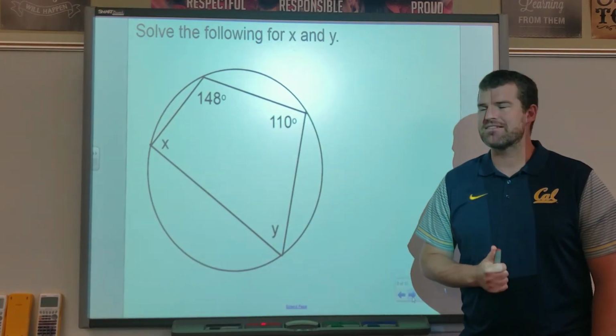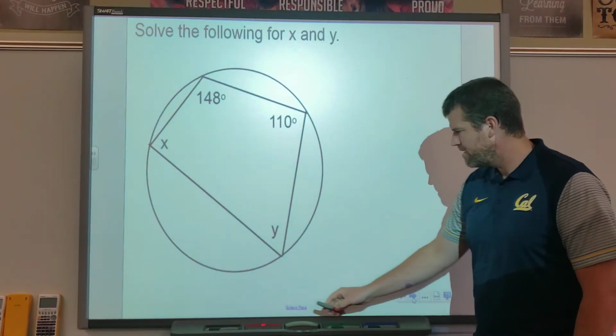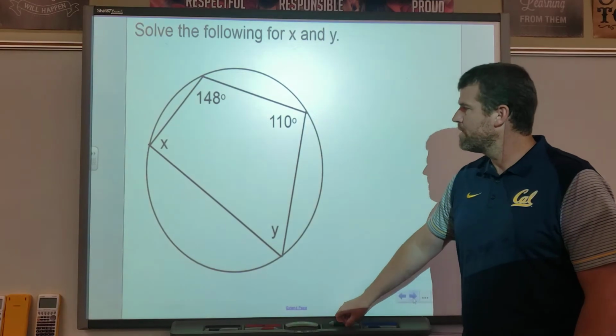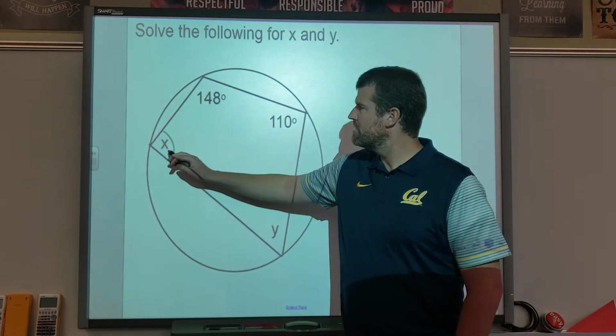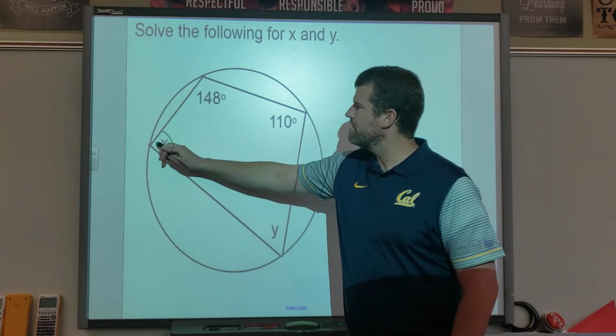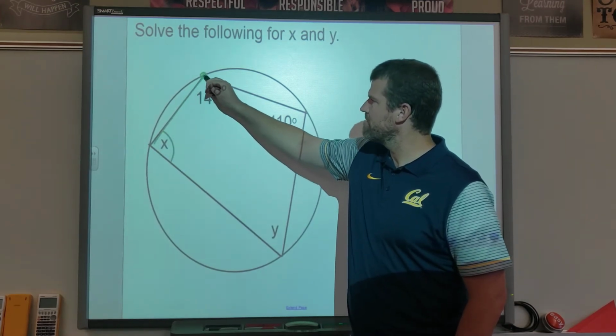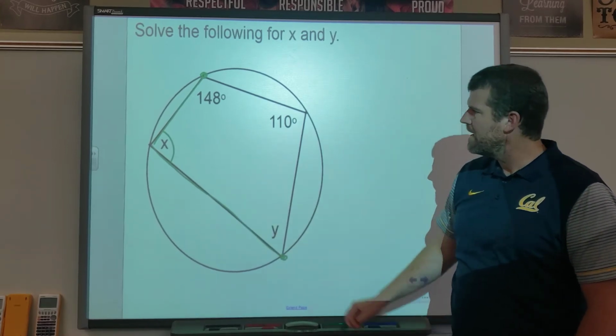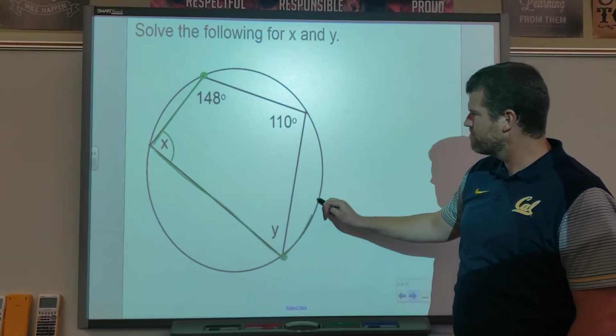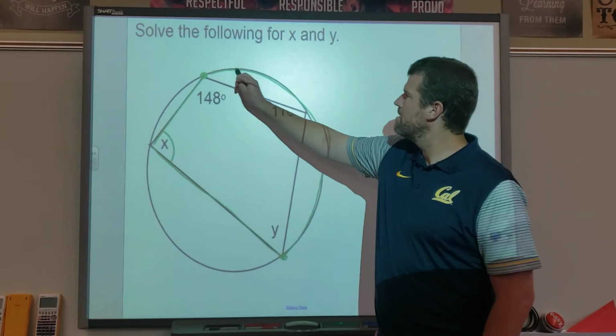some missing pieces. So when I go to angle X, I notice that the arc that it forms, if I extend the sides, goes to right there, goes to right there. I notice that the arc that it forms is pretty big.